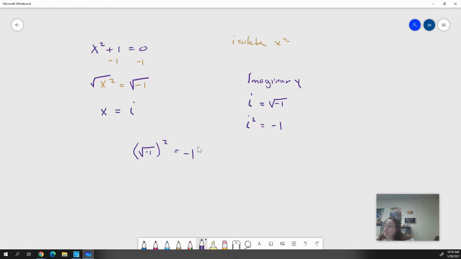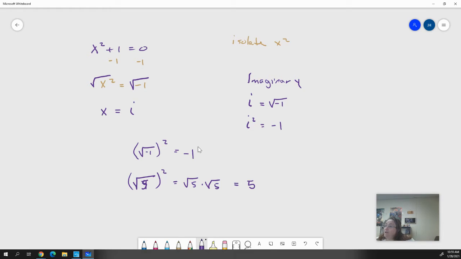In the same sense, if I have the square root of 5 and I square it, that's the same as saying the square root of 5 times the square root of 5, which we know just gives us whatever is under the radical, right?